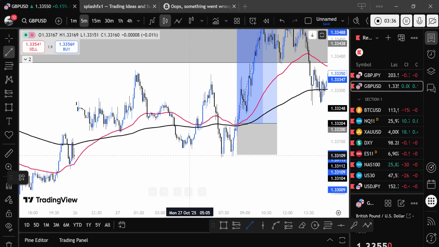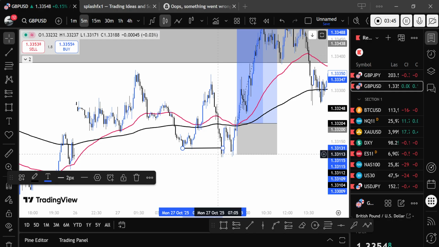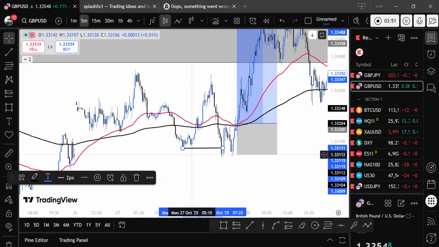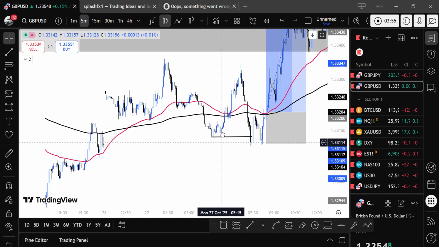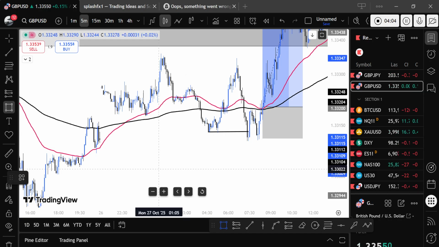This guy swept liquidity here. There's a liquidity sweep here. See it? Before I took this trade, when I took this trade, I wasn't even checking if there is a liquidity sweep or something like that. But after that, I realized that this moving average helped me filter all those things. Then look at the zone.